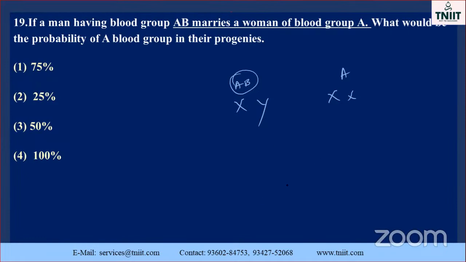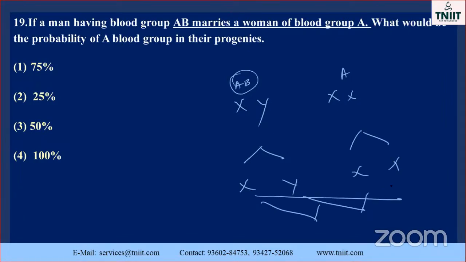What are the possibilities there? How many percentages are they asking? You cross and you will get it. So how many percentages will you obtain? See the options, 50% is possible. See the option, you will get an idea.